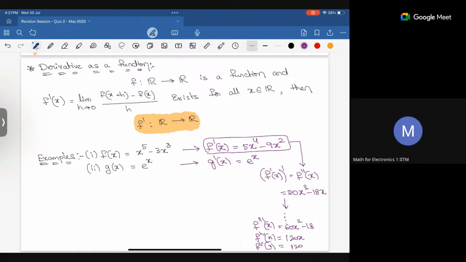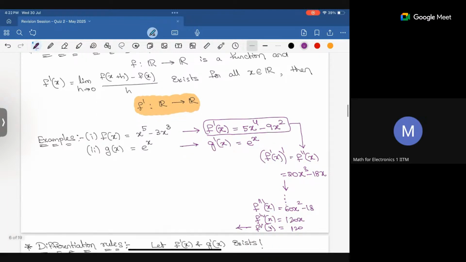And if I take the derivative of this constant function, the sixth derivative will be 0. Once this becomes 0, it's just a zero function, and if you take the derivative of the zero function, you get 0 again. So even though you have the flexibility to take infinite derivatives, from the next derivatives on, everything will be 0.